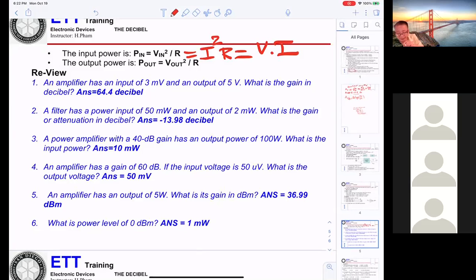Did everyone get minus 13.98 dB? Yes, sir. So that's easy, right? If you know how to do it, not a big deal.